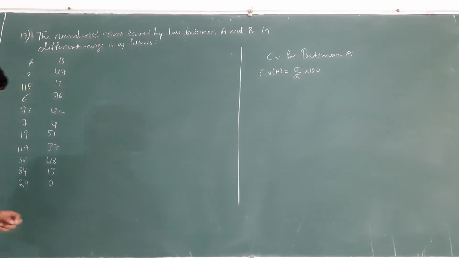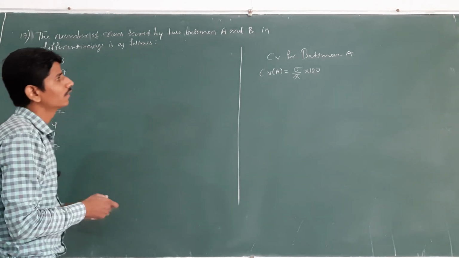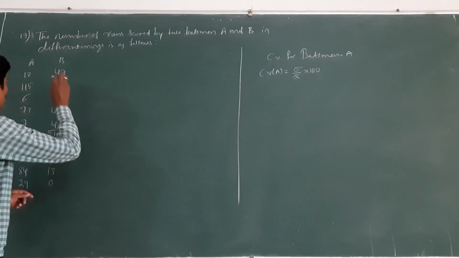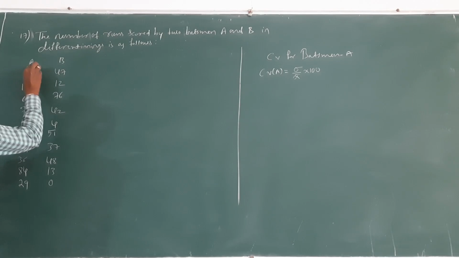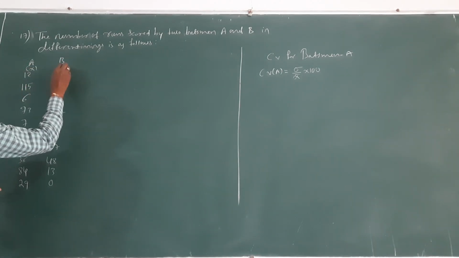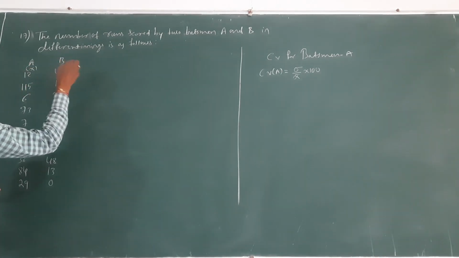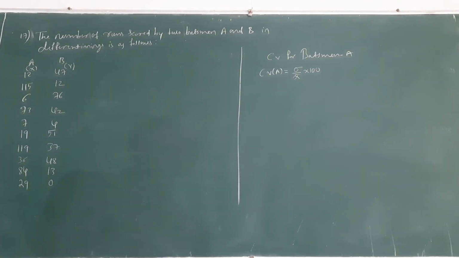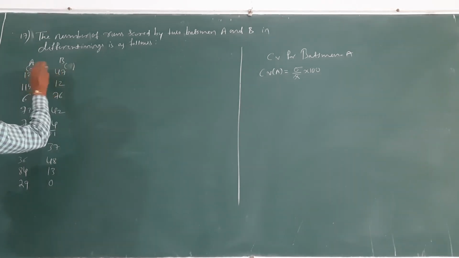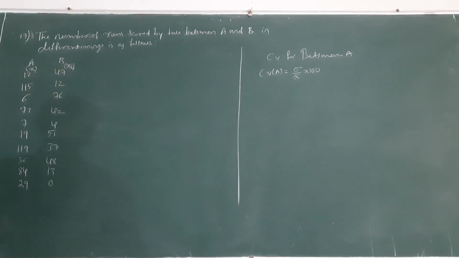How to calculate sigma values? A is nothing but x and B is nothing but y, otherwise take it as x1 and x2.